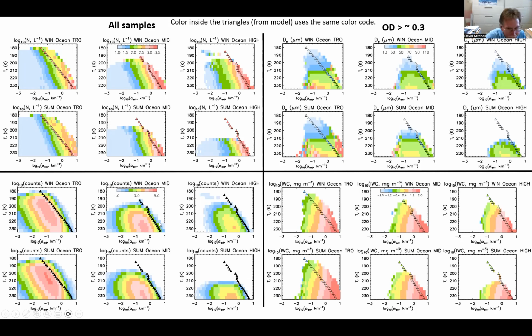It doesn't happen very frequently. So it also shows the same thing here, that it's associated with very few of the samples. In the tropics, it's a little more. But on the other hand, in the tropics, the number concentration doesn't agree with the satellite retrievals very well. So there may be in the tropics, homogeneous nucleation is not so important.